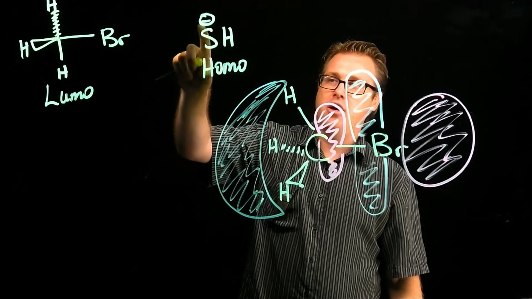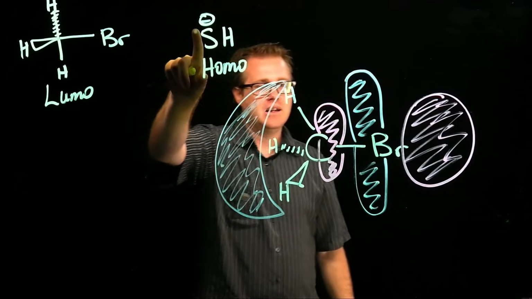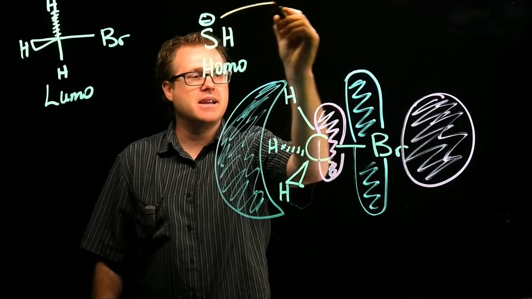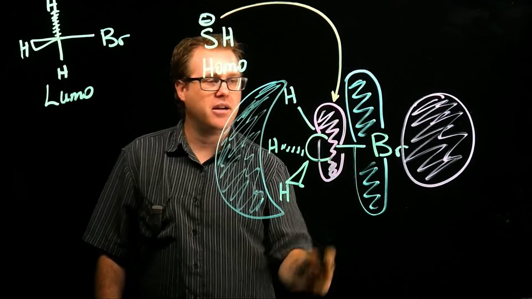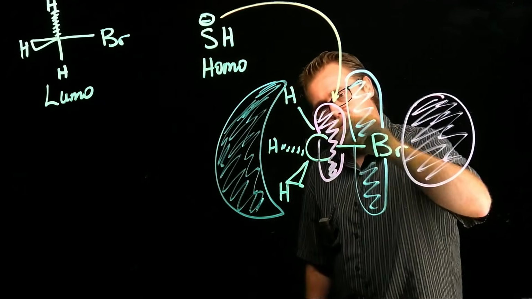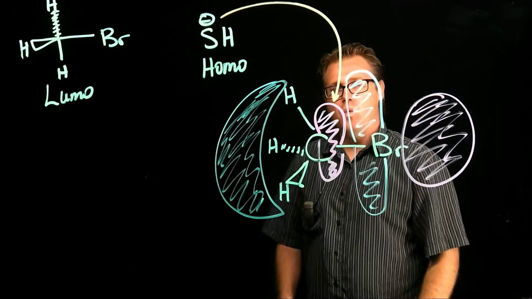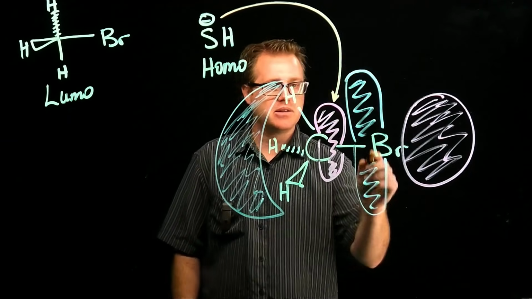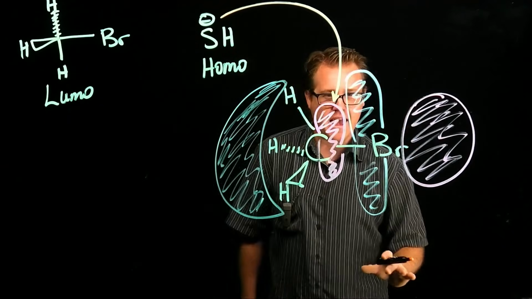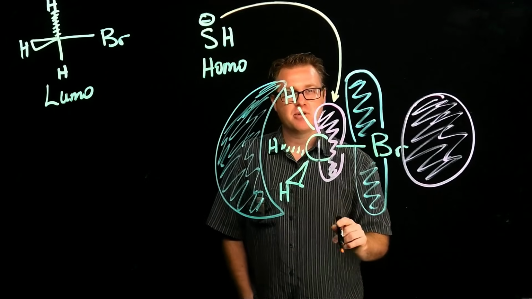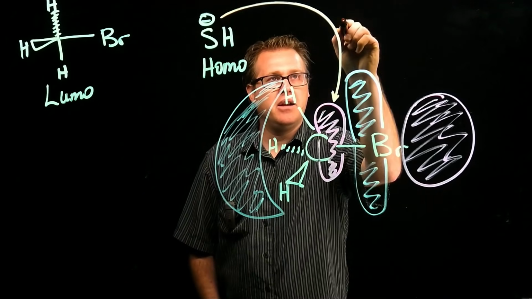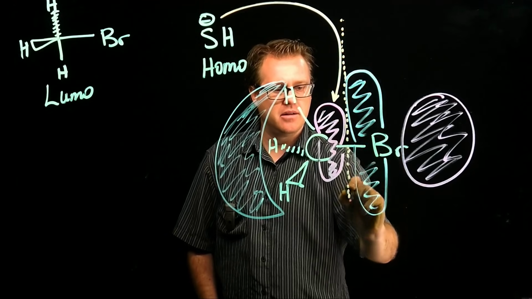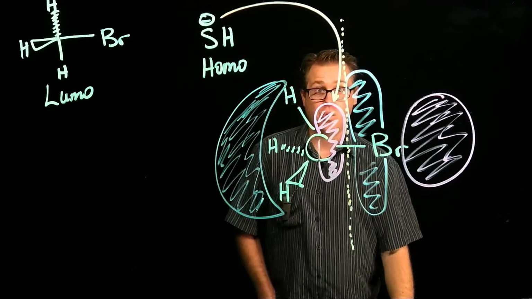So if we take the HOMO of the nucleophile and try to attack from the front side, right there, to attack that molecular orbital, why is that a bad thing? Well, because I don't have my MO image 100% correct yet. Because right down there is a node.